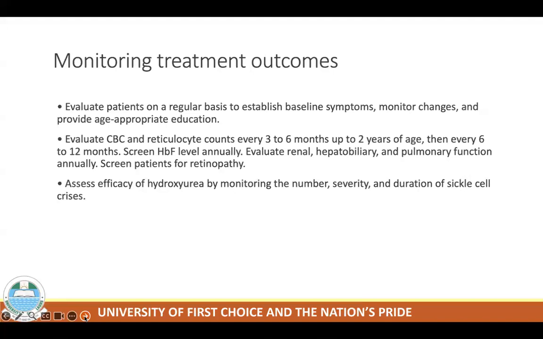The best prevention, like we mentioned earlier on, for vaso-occlusive crisis is taking hydroxyurea.